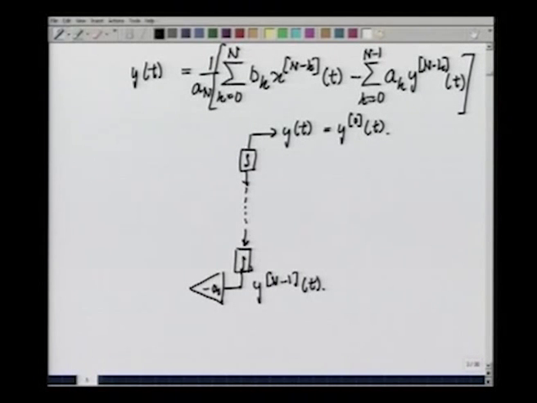Then the previous term has to be multiplied by minus a 2 and so on until this one is multiplied by minus a n minus 1.